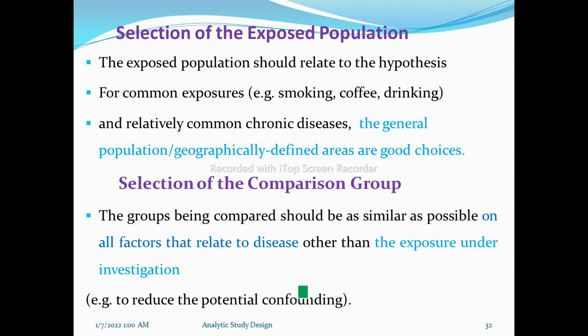For relatively common chronic disease, the general population and geographical differences in the areas are a good choice. So mostly the exposed population will be selected from the general population in the community. So this is good.